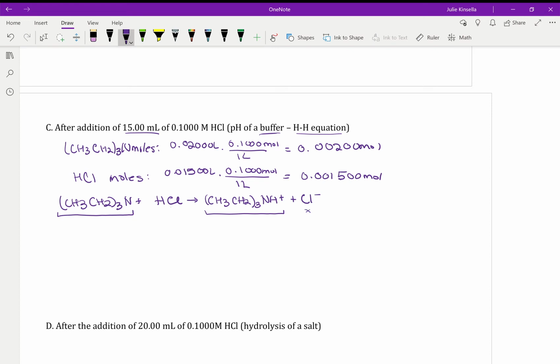So for this Henderson-Hasselbalch equation, pH is equal to the pKa plus the log of my concentration of my weak base. Actually, sorry, remember this is going to act as the weak acid, so I actually have to put that in the bottom.